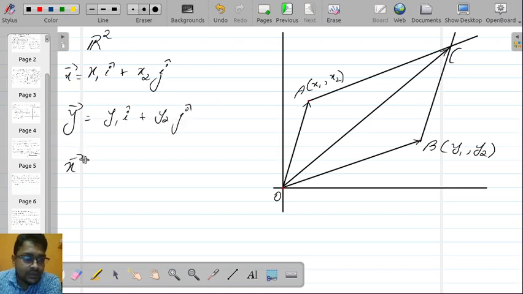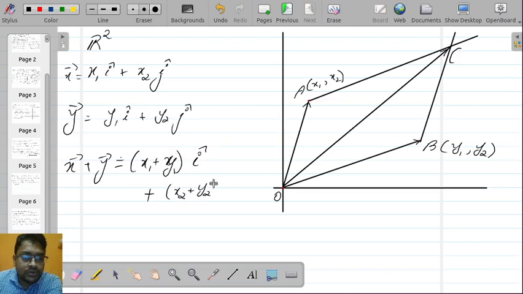The sum x vector plus y vector was taken coordinate-wise: x1 plus y1 i cap plus x2 plus y2 j cap. So the coordinates of this point are x1 plus y1, x2 plus y2.